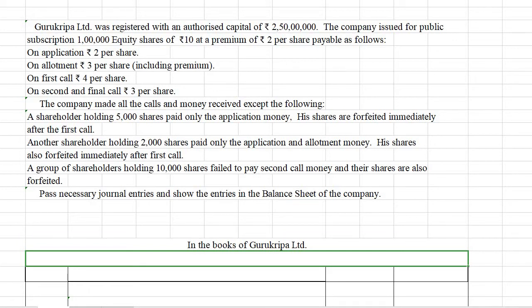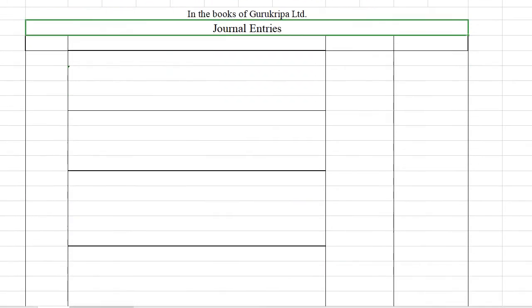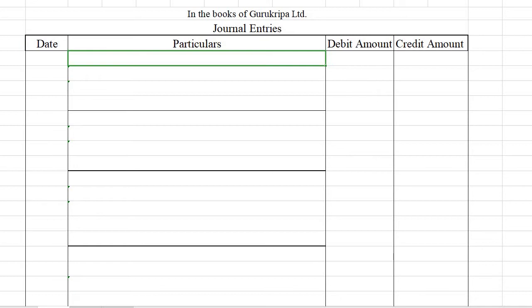First we will draw the journal entries. Let us give the headings of the journal. The first entry, as we know, is the application money receipt entry: Bank account debit 1 lakh into 2, that means 2 lakh rupees.